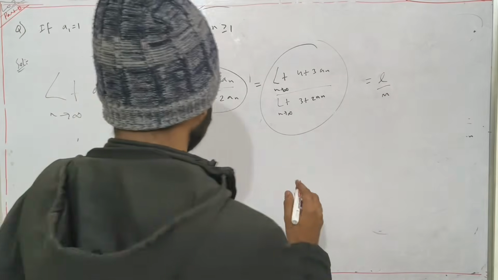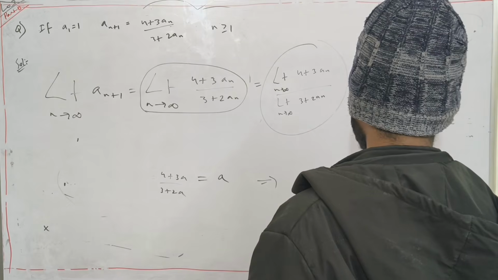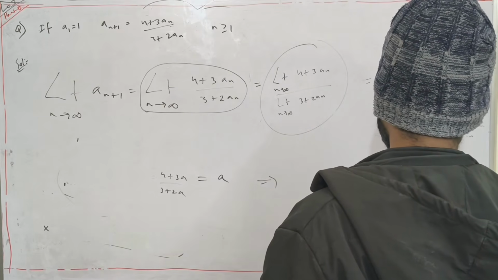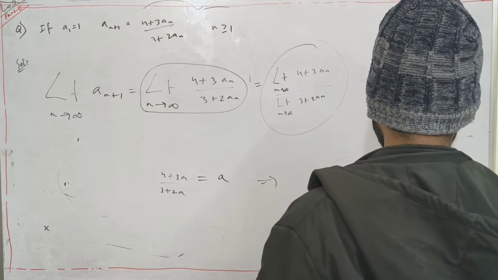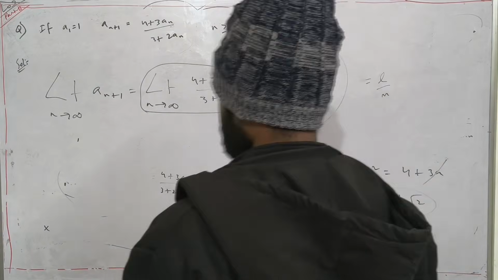So cross multiply, then you will get 3a plus 2a square equals 4 plus 3a. Hence 2a square equals 4, 3a cancels, so a equals plus or minus root 2.